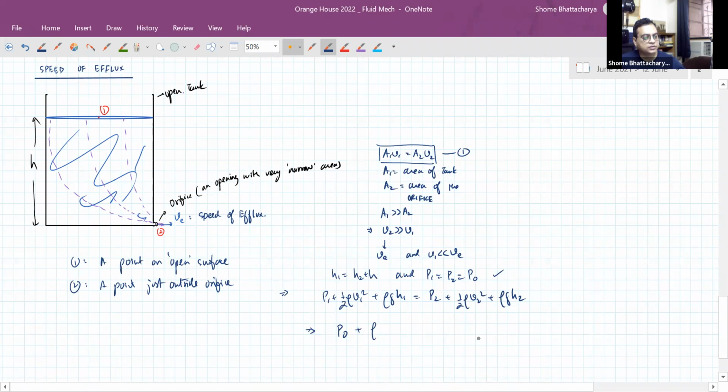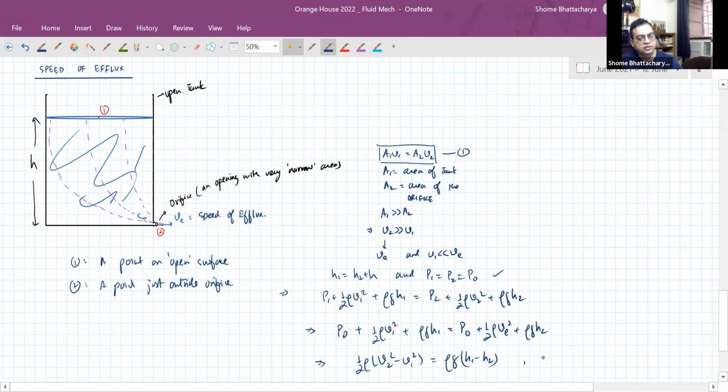You can just write it like this first. Now we substitute all this information here: V2 is the speed of efflux, V1 is very small compared to the speed of efflux, and H1 minus H2 is equal to H. From that next step, we will get the value of the efflux velocity.